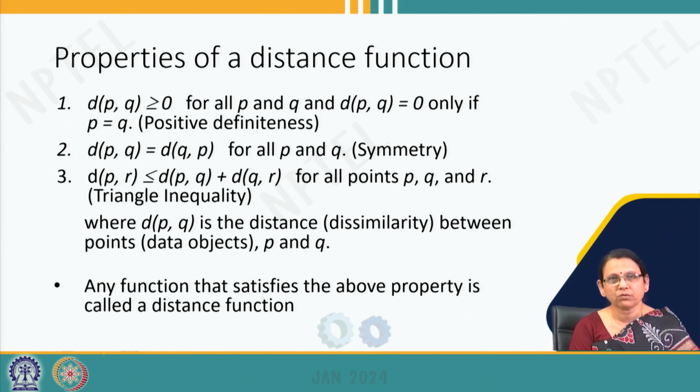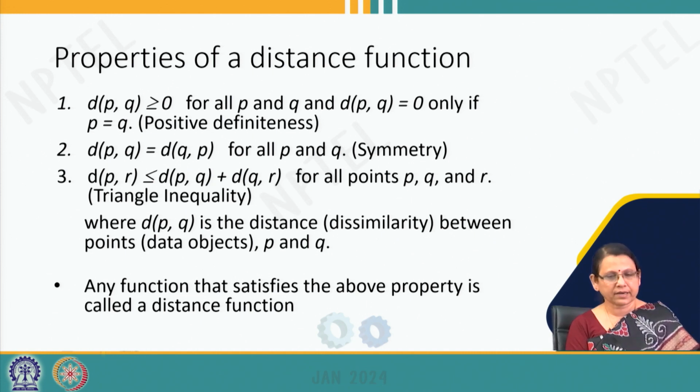The next property, symmetry, tells us that distance is a function. If the input is P and Q, with the first point P and the second point Q, the distance between Q and P is going to be the same. This property is called symmetry.